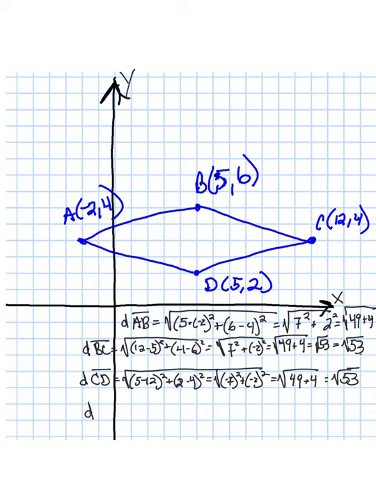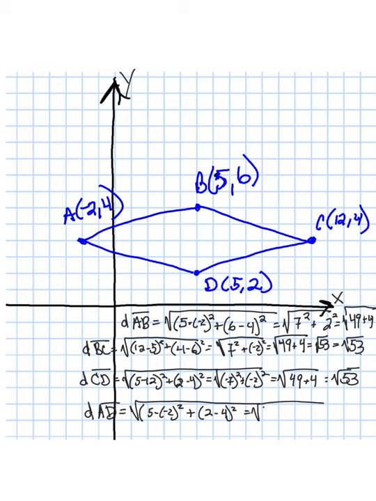Lastly, we're going to find the distance of AD. Again, first finding the difference between our x values, so 5 minus negative 2 squared plus 2 minus 4 squared.